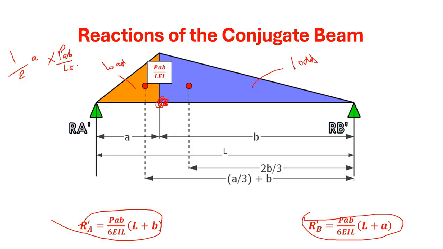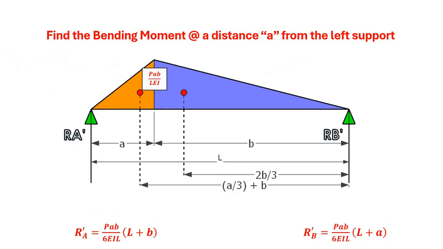So this will give you the loading. Then this distance is the centroidal distance, so that will be nothing but multiplied by A divided by 3. So this is the moment expression at this point due to this triangular loading, and you find out the difference between this moment and also the moment due to RA dash, which will give you the total bending moment. So let's see that now.